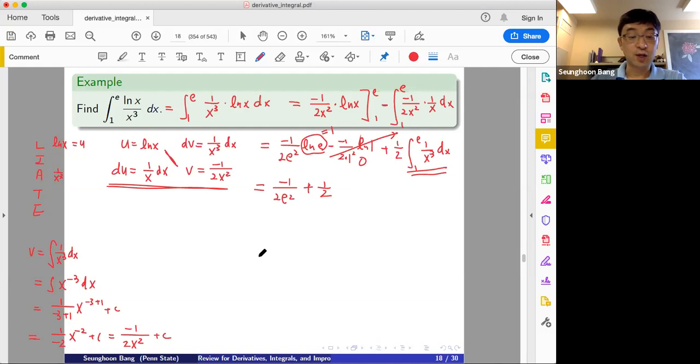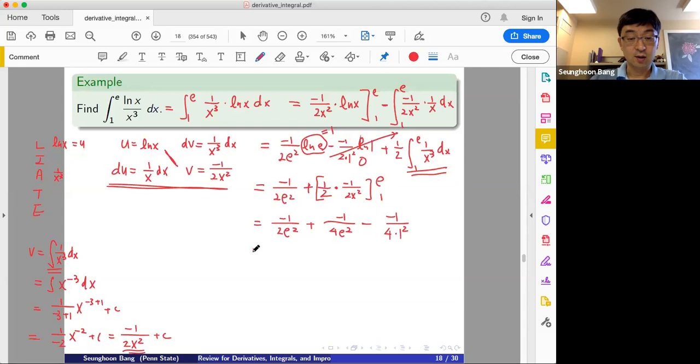The integral of 1 over x cubed is here. We have negative 1 over 2x squared from 1 to e, and simplify. Negative 1 over 2 times e squared. So here we plug e into x: plus negative 1 over 2 times 2 is 4, 4 times e squared. Minus, plug in 1: negative 1 over 2 times 2 is 4, times 1 squared.